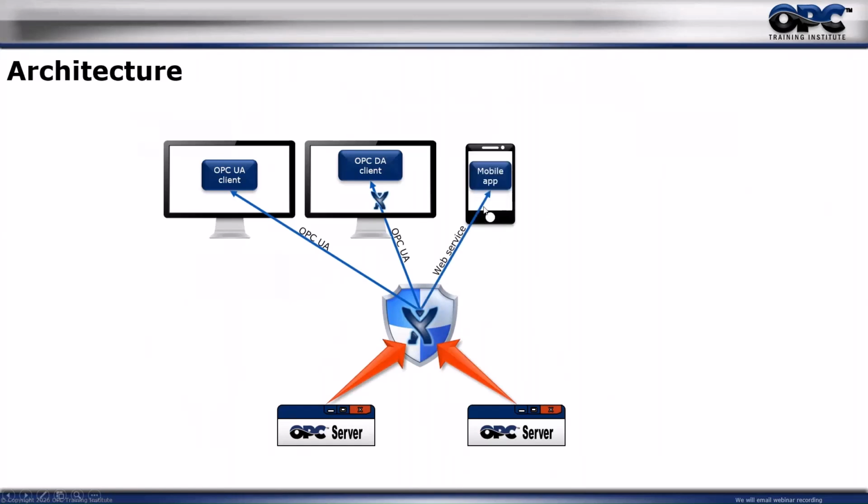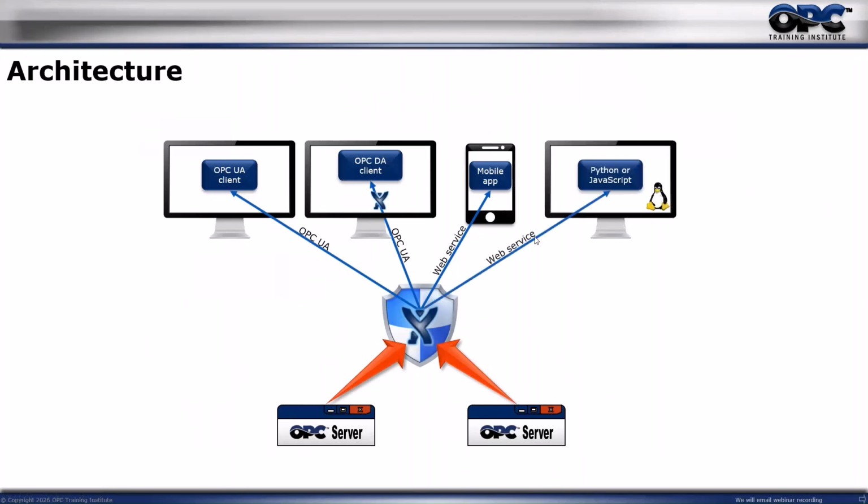Also, you can send it to a mobile app, for example, on your phone or on a tablet, on the internet. And we've had webinars on that as well. And you can also send it to some foreign system, some other operating system, some Unix variant where you've got Python or JavaScript or C or C++ running on it, whatever language you want.